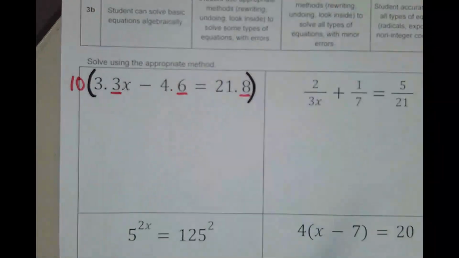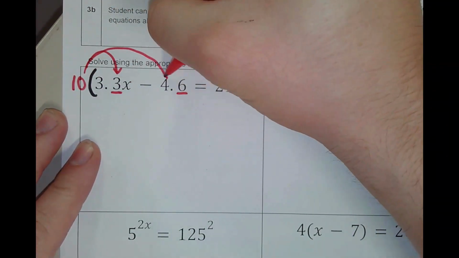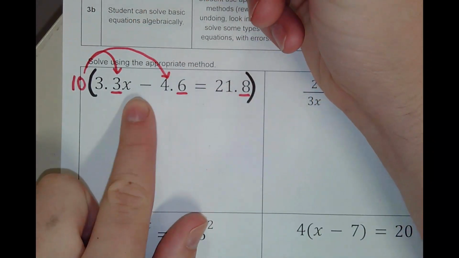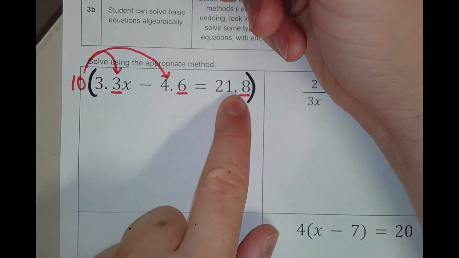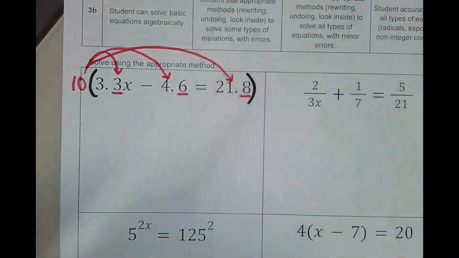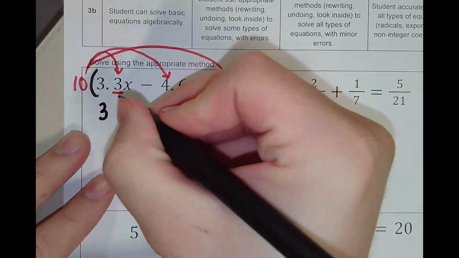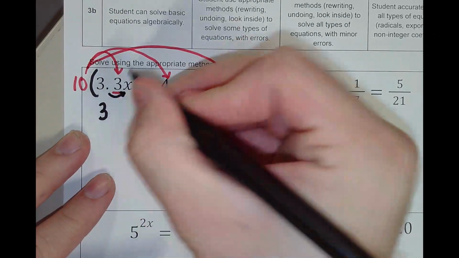So I'm going to multiply everything by 10. Everything. That means I'm going to be distributing the 10 into each of these parts on the left side of the equation as well as the right side of the equation. When I multiply by 10, that means I'm going to move the decimal over one place.